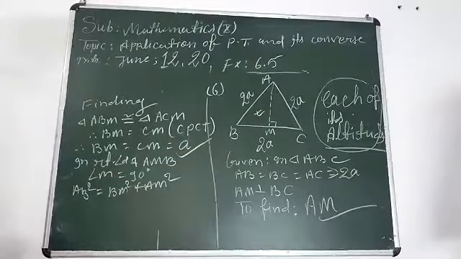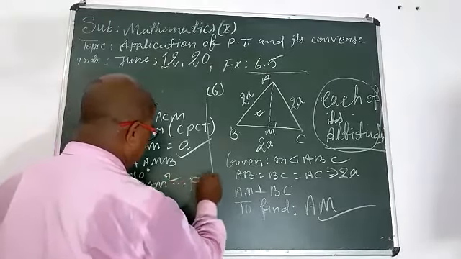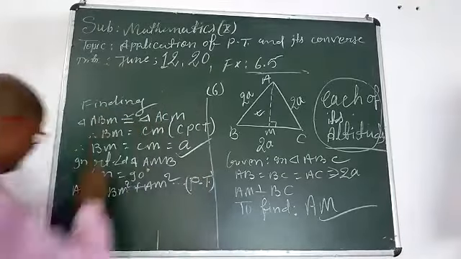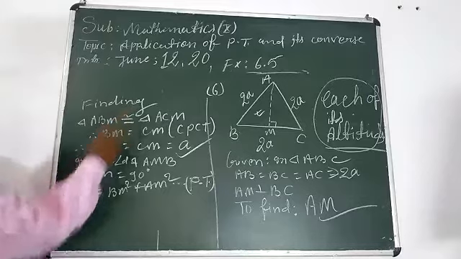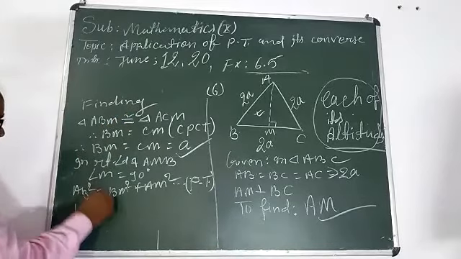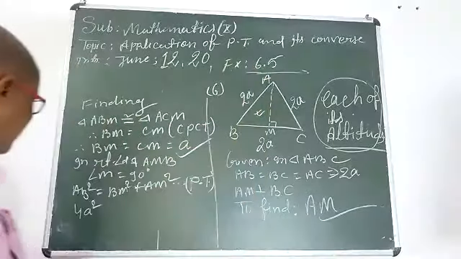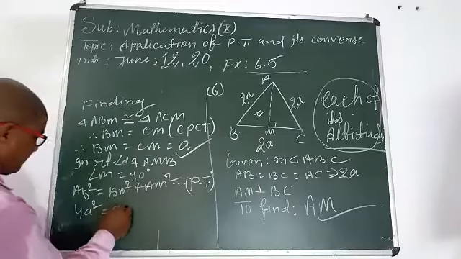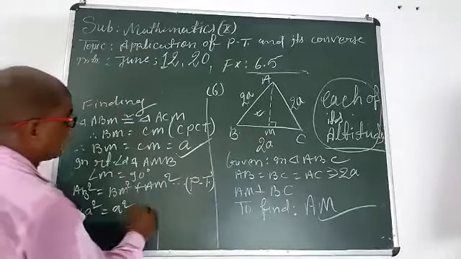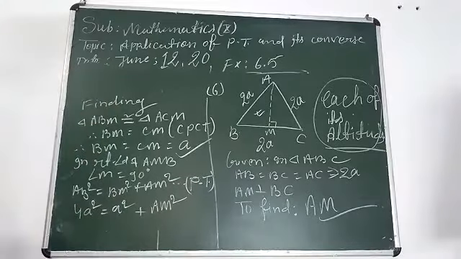This is the statement taken from Pythagoras. Now AB is 2a, so the square of 2a is 4a square, equal to BM is a, so the square of a is a square, plus AM square. AM is unknown.